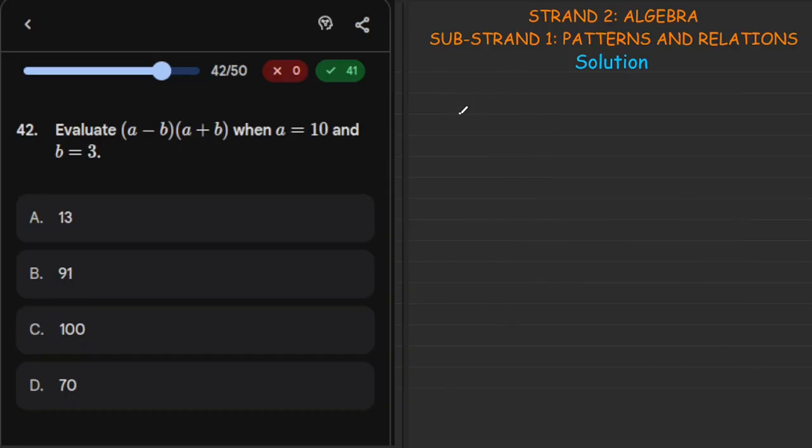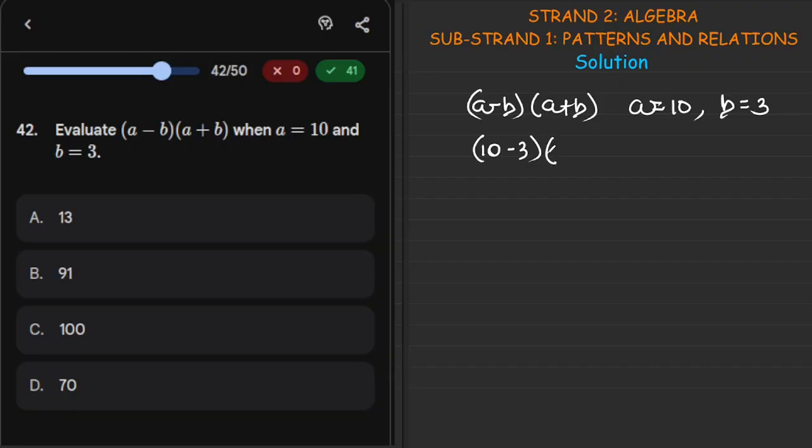Now, 42 says we have to evaluate a minus b, then into bracket a plus b, when a equals 10, and then our b is equal to what? 3. So we do our substitution. We know our a is equal to 10. So we have 10 minus 3 in one bracket.